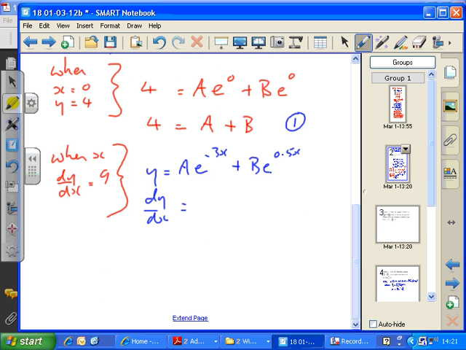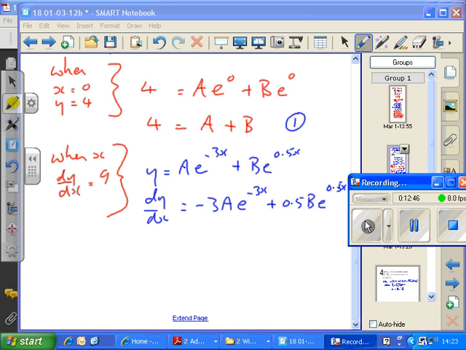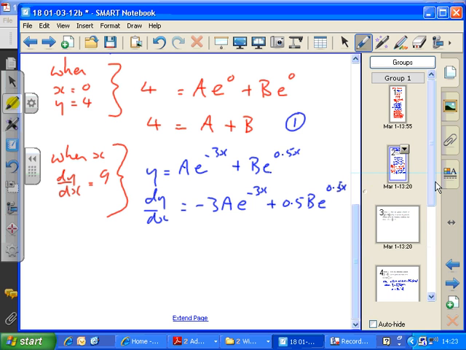So what do we do to differentiate this? When we differentiate an exponential function, the number comes down and goes in front, so that will become −3Ae^(−3x), the power stays the same, plus 0.5Be^(0.5x). We've now got an equation for the differential, dy/dx equals this. So I now let x = 0.